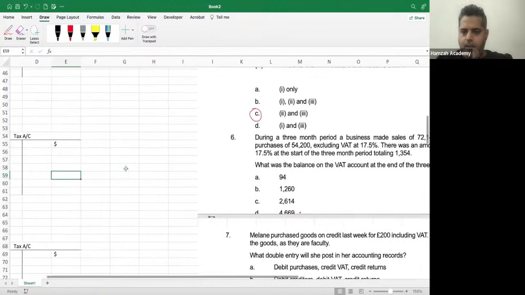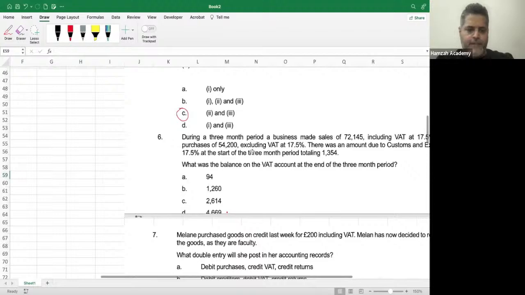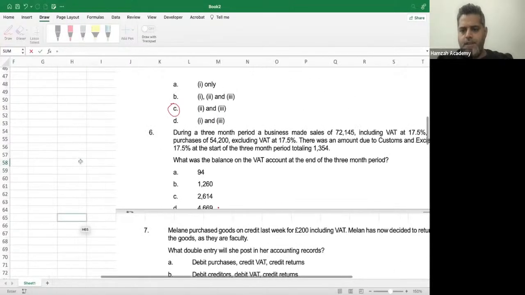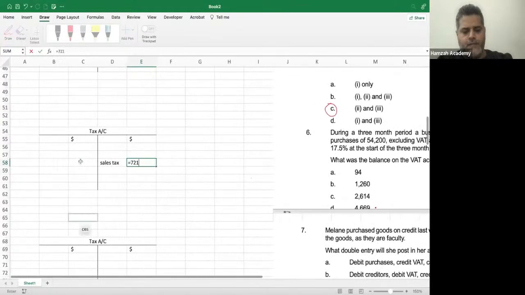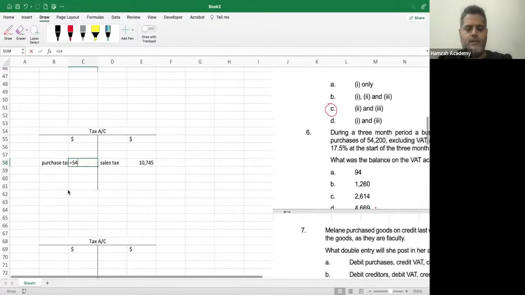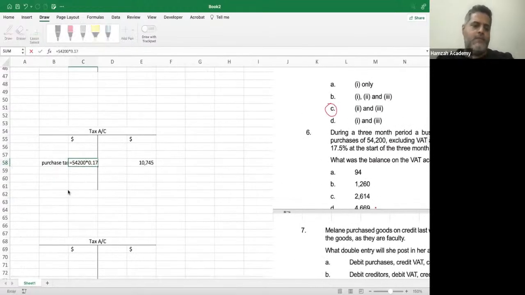Now, sales of 72,145. So the sales tax is 72,145 divided by 117.5 multiplied by 17.5. That's the sales. Then we have the purchase tax over here, 52,200 excluding tax, at 17.5%.